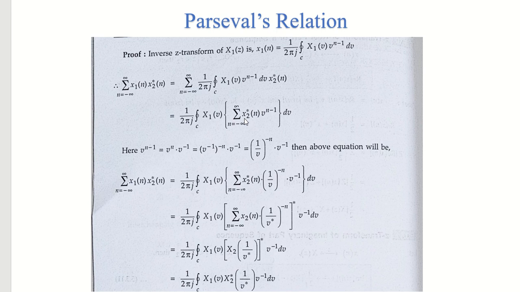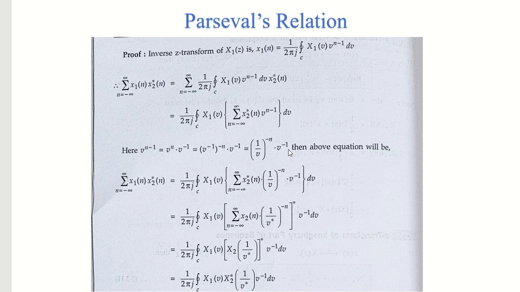into dv. So here, instead of v raised to n minus 1, we can write v raised to n into v raised to minus 1. And instead of v raised to n, we can write 1 by v raised to minus n, into v inverse.